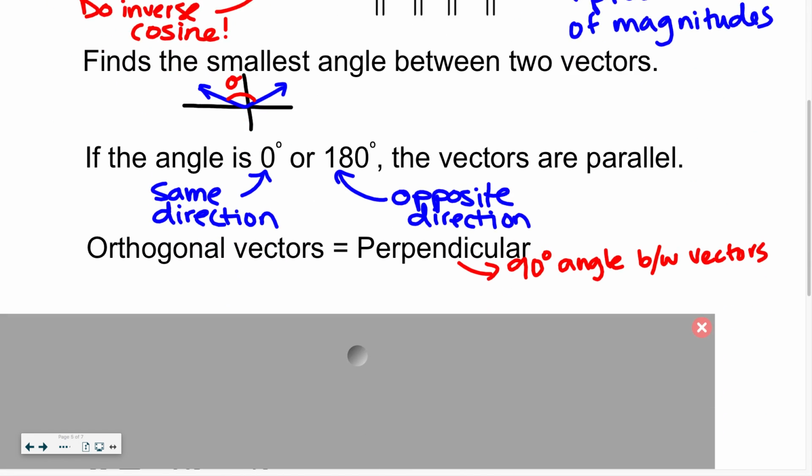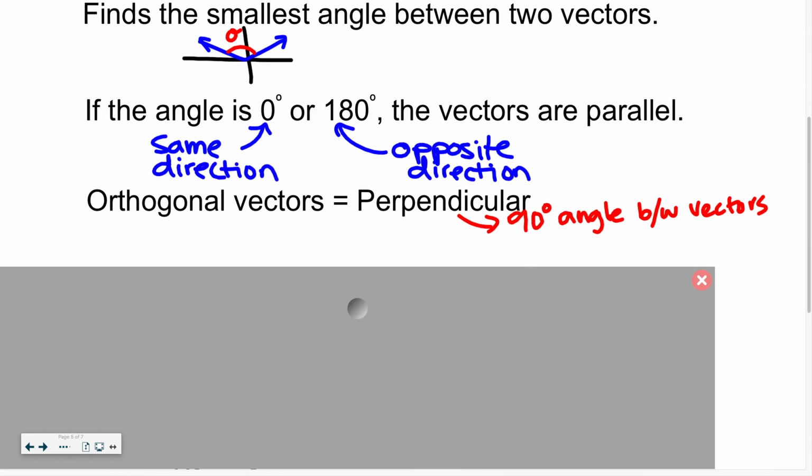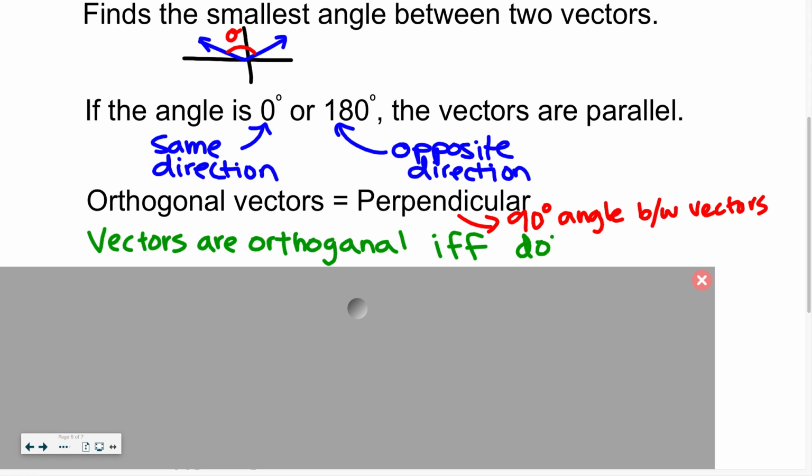So we can make a little shortcut rule down here. Vectors are orthogonal or perpendicular, and then I'm going to do an IFF. You remember that? If and only if. The dot product equals 0.